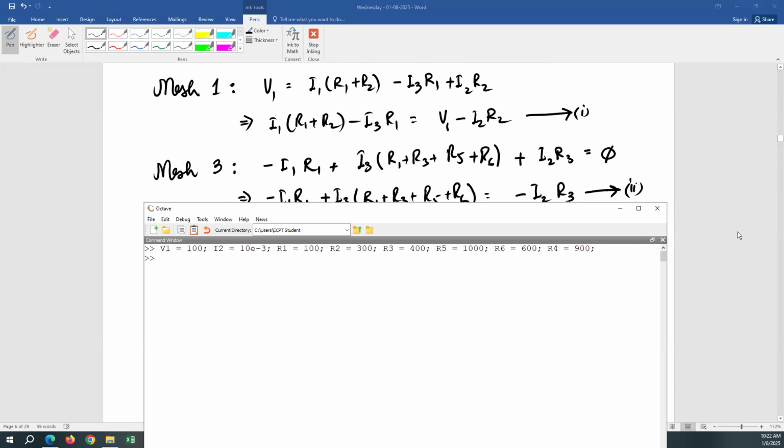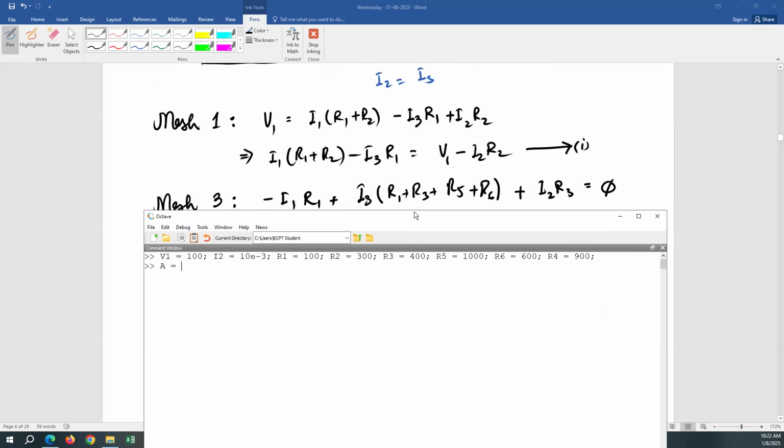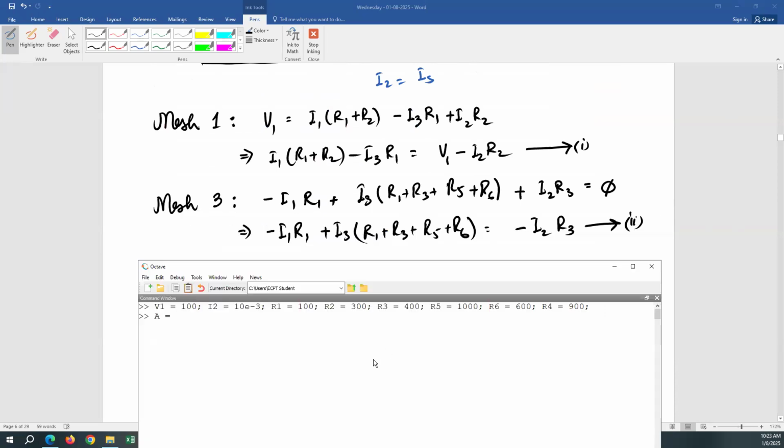All right, now create my coefficient matrix A. A is, all right, first one is R1 plus R2. And then for I3, I have negative R1.